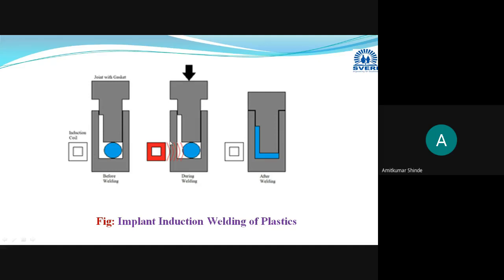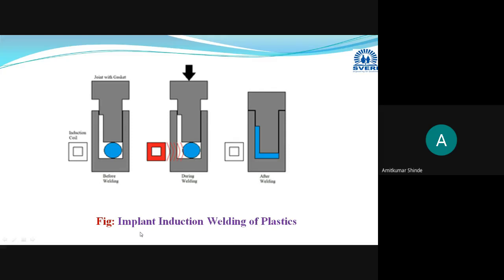Due to the skin effect, layer by layer, the eddy currents transfer heat, and this adhesive material will be heated and melted, and due to the application of pressure, this joint will be created by providing sufficient cooling time.